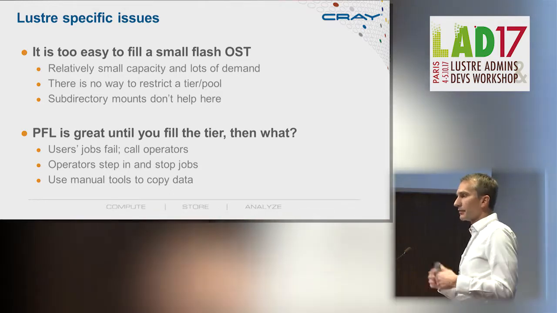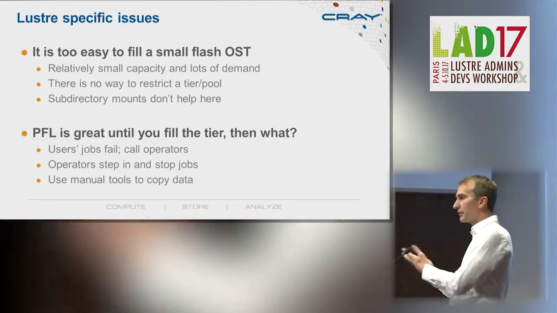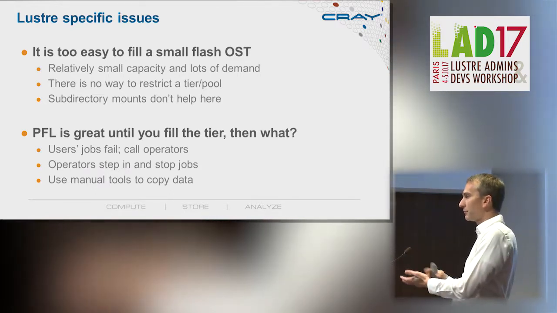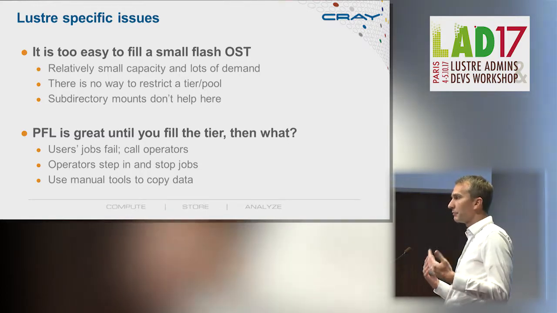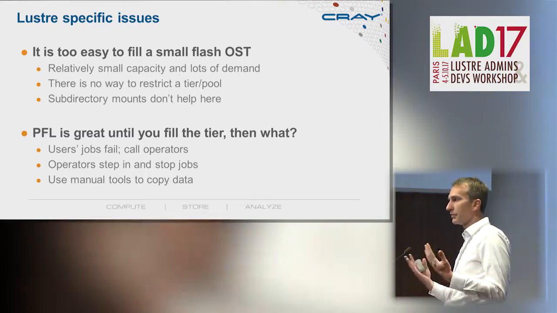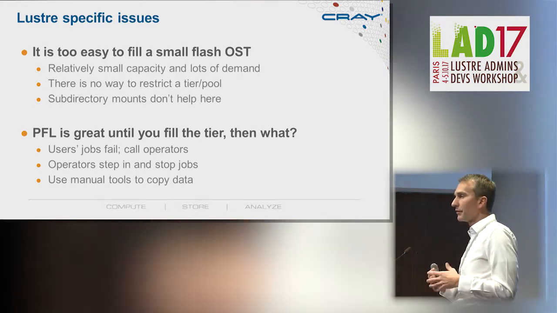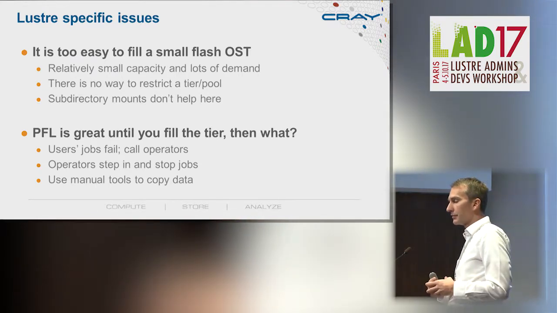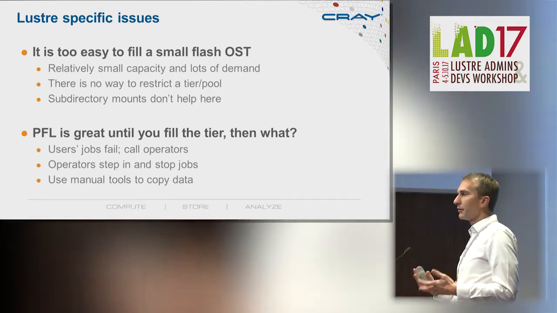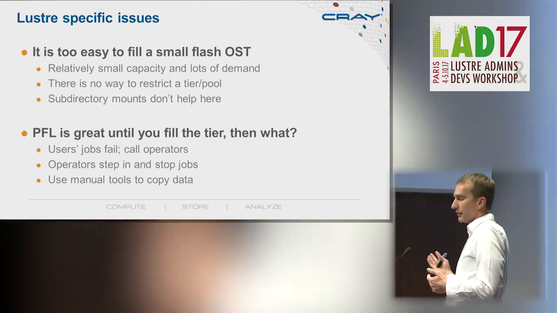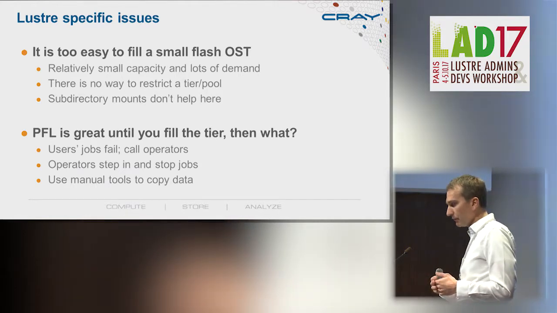So suddenly you have a user that just unfortunately picked your OST pool full of flash devices and filled it up with multiple checkpoint restarts and left them there. Well, now he's kind of ruined the experience for everybody else. And subdirectory mounts aren't something that can help you here, because again, you can still stripe over these things. So we need to address that.